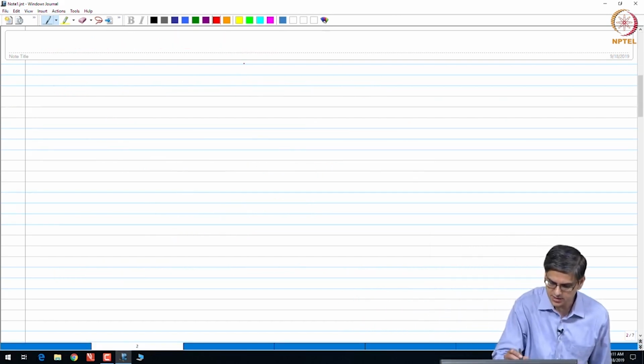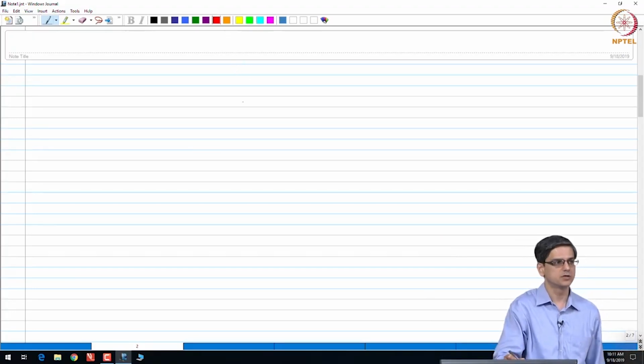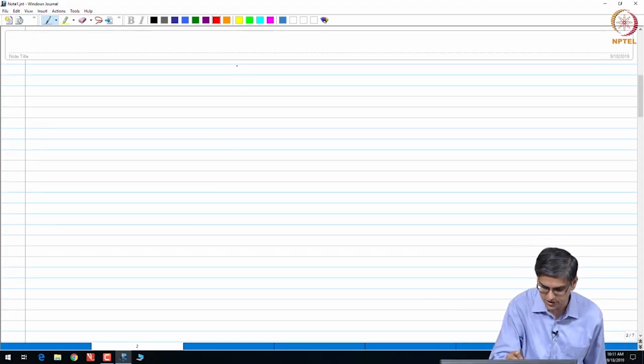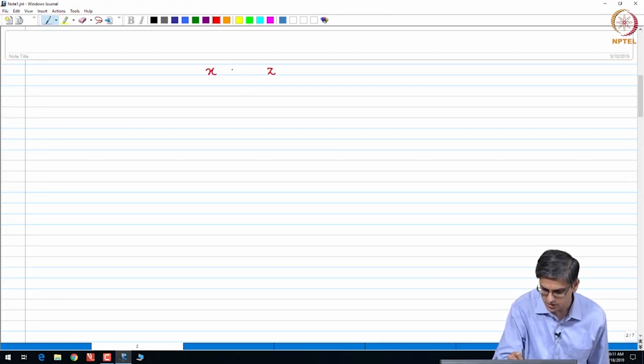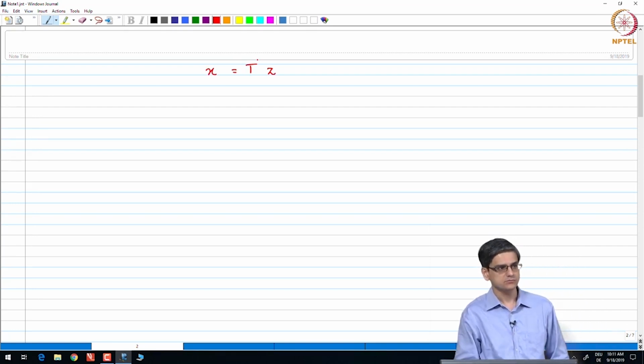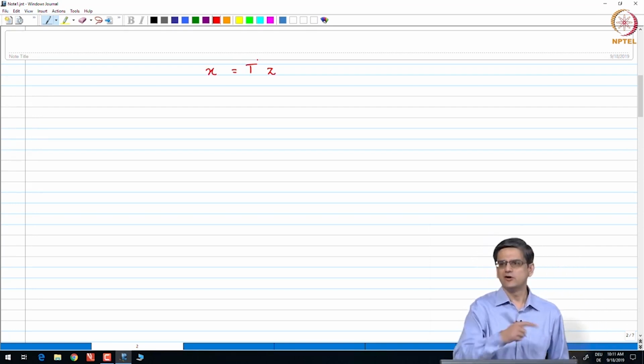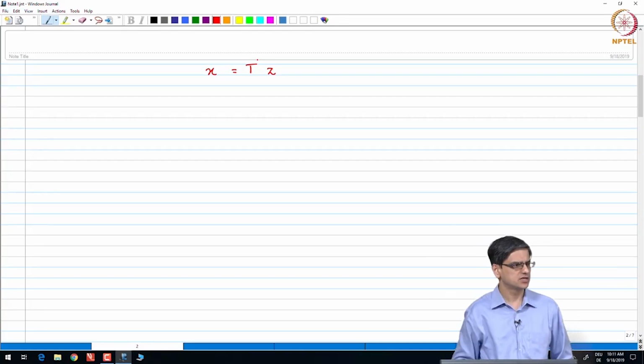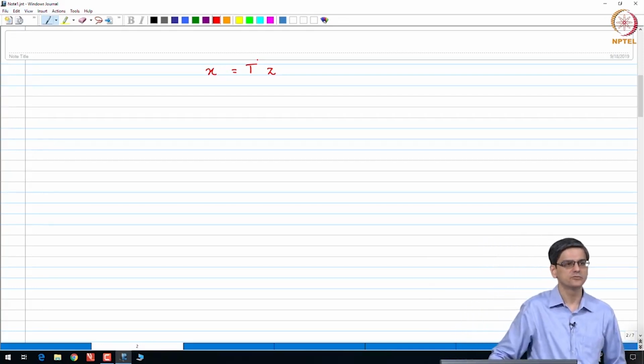and the idea is that you would be able to write a new state, you can define a new state z such that x equal to Tz. Okay. How x equal to Tz? We have done that in module 1, right, in the first week on linear algebra, right.